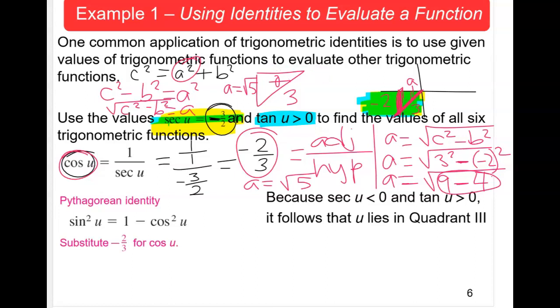The one that we were given was the actual adjacent side because remember, adjacent is going to be -2. And so if our angle is here, I'm just going to erase this. Okay, let's just draw it again.